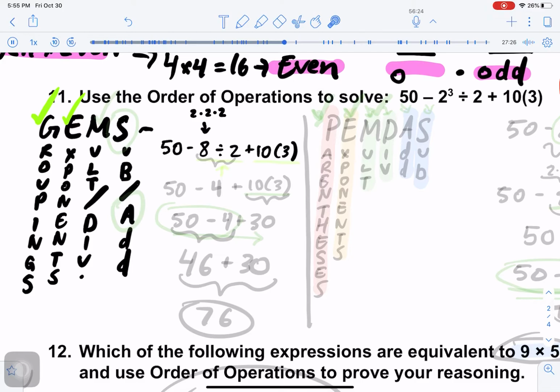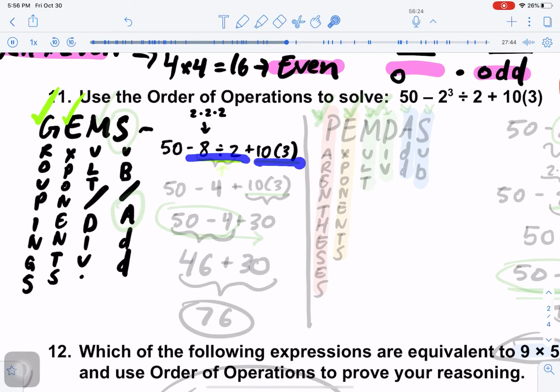I do see that there is multiplication and division. The first problem for the division is right here. Actually, it's 8 divided by 2. I also see 10 times 3.